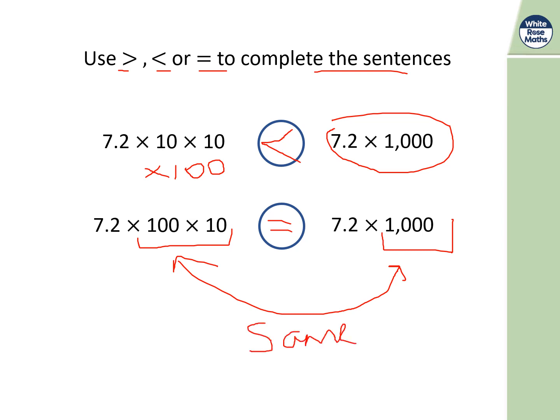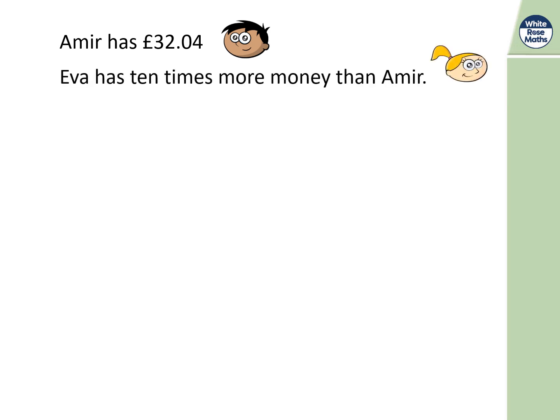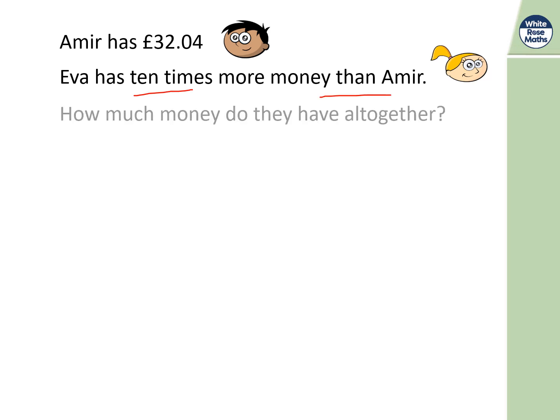So White Rose Maths. Emir has £32 and 4 pence. Eva has 10 times more money than Emir. How much money do they have altogether? So Eva has 10 times more, so I move the decimal point one place to the right. So Eva has £320 and 40 pence.